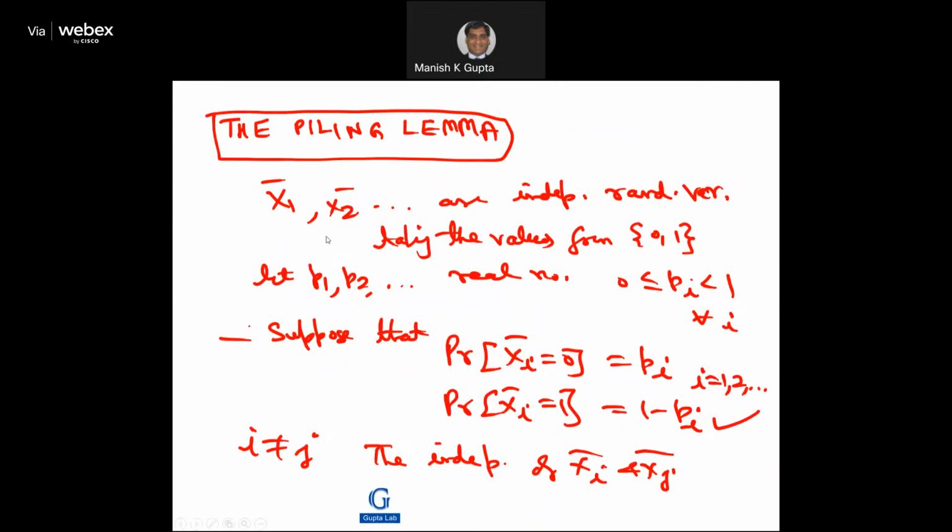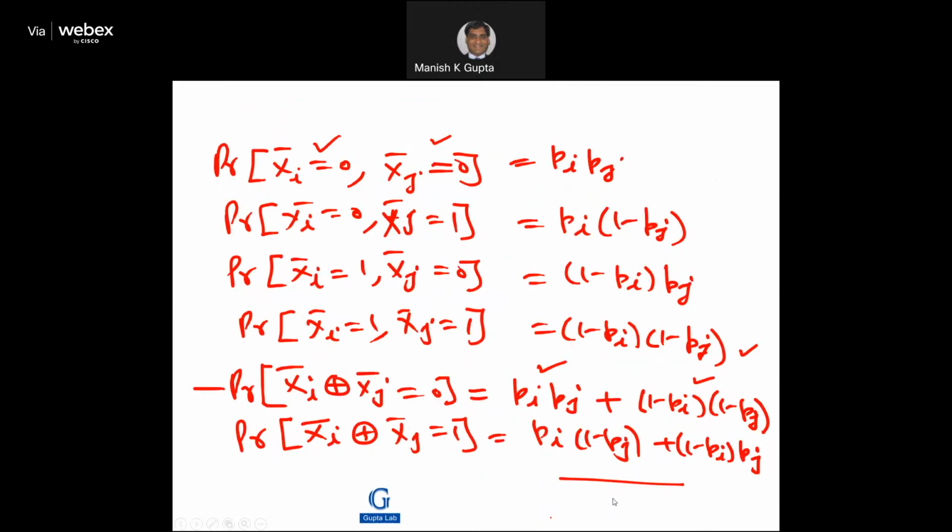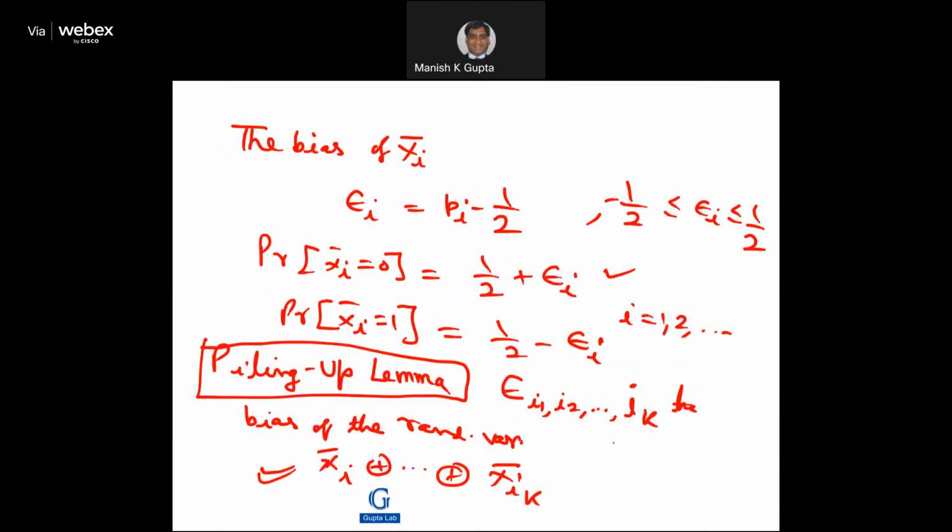Last time we covered the piling-up lemma. Assuming the probability that Xi bar is equal to 0 is pi, and the probability that Xi bar is equal to 1 is 1 minus pi, and that these are independent random variables, we have done these calculations. The important thing is that we describe the bias of a random variable Xi as epsilon i, which is pi minus half.